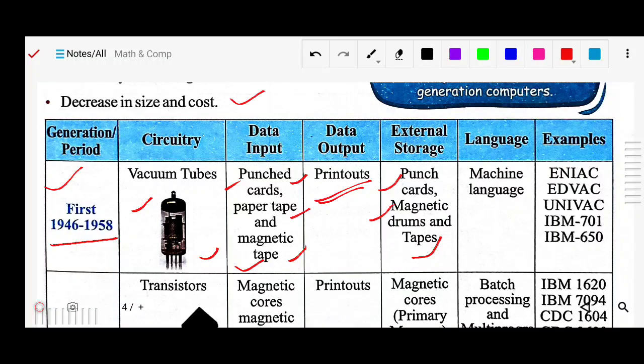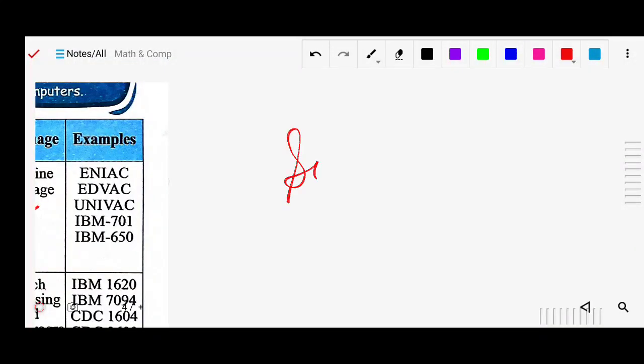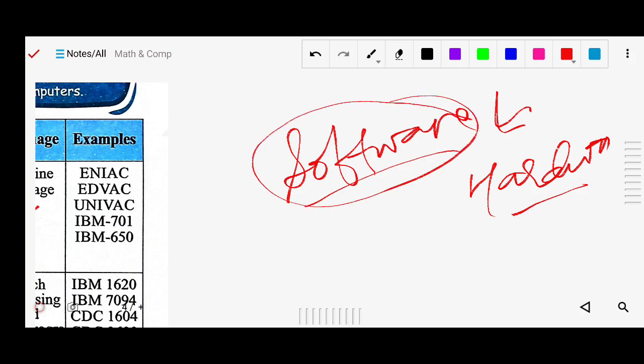Languages: machine language was used. As you know, a computer is an electronic machine and it comprises two main things, software and hardware, and these two are interdependent. If there is no software, the computer will not run.